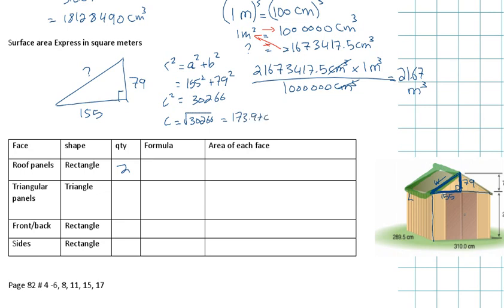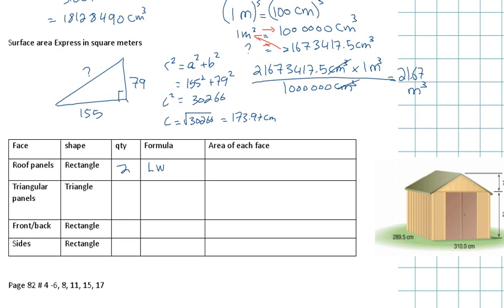I found that side, right? Now I know the length and the width, so I can write the formula for it. The formula is length times width. Instead of these letters, I'm going to use W for this one, and S for this side.